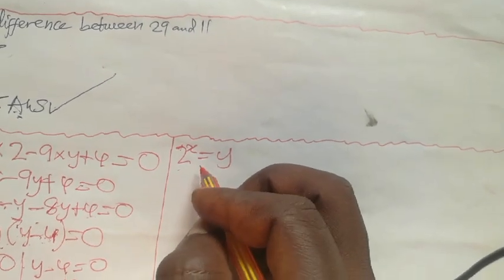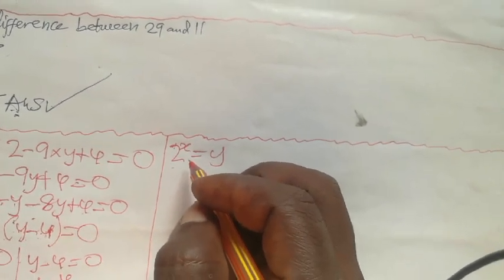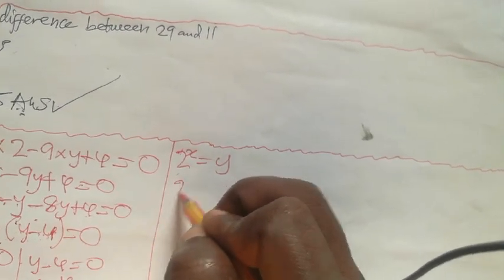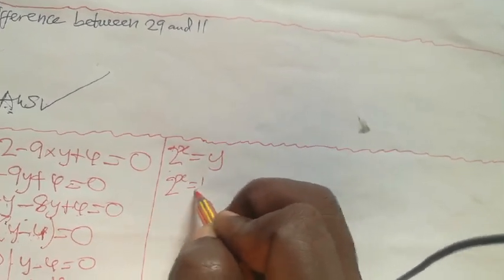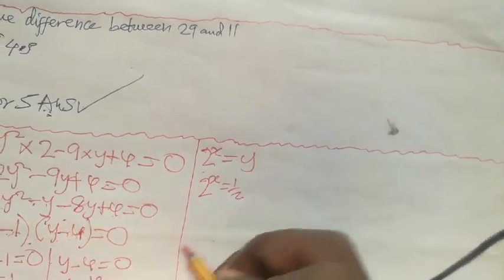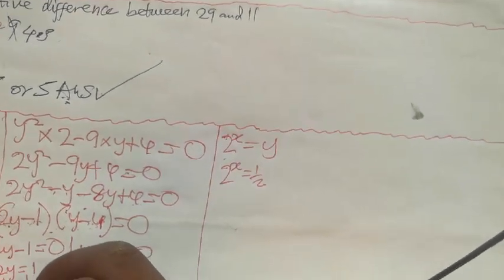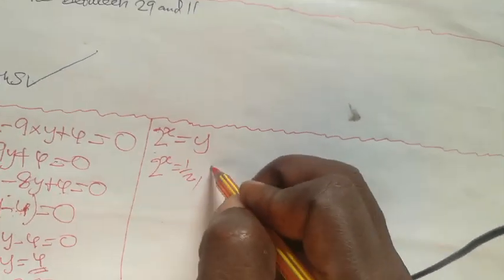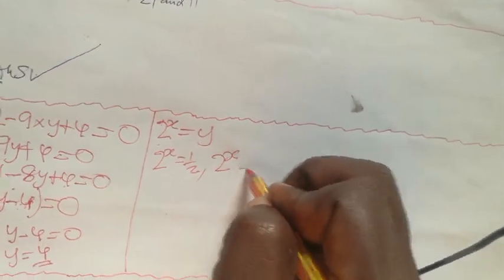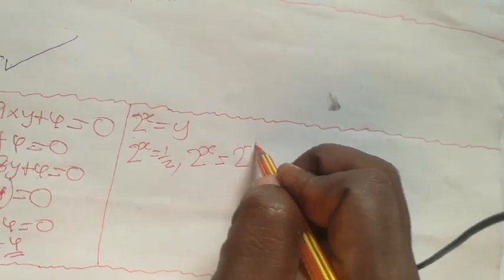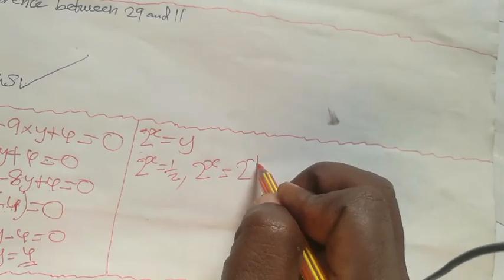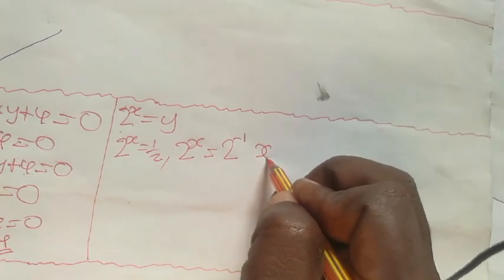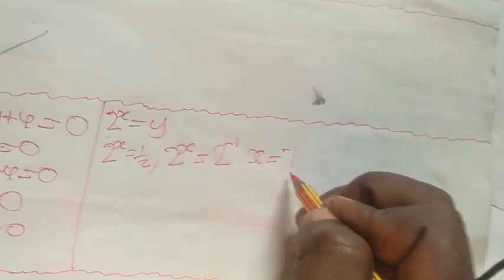Therefore, by applying the laws of indices, this will give us 2 power x is the same as a half, because from our first result y is a half. Hence, this will give us 2 power x is the same as 2 power negative 1, which gives us x is the same as negative 1.